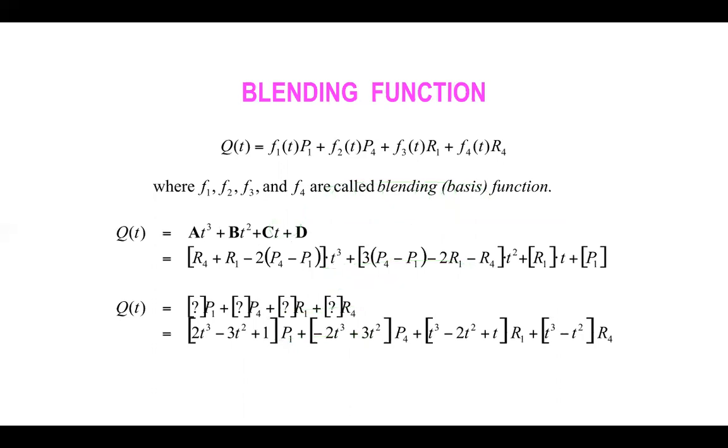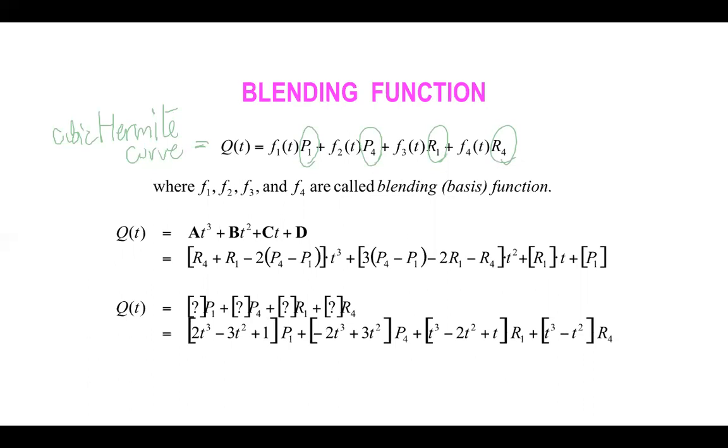So what we are going to do is write the Hermite curve. As I just told you, it is a cubic, so it can be written in terms of Q(t). What we want to do is write it in terms of P1, P4, R1, and R4. Why?